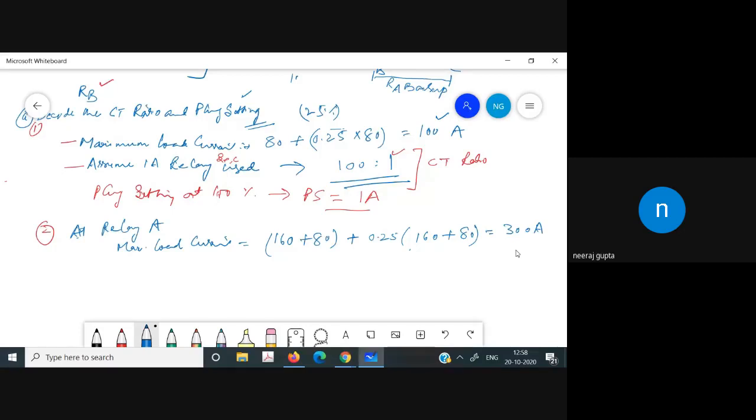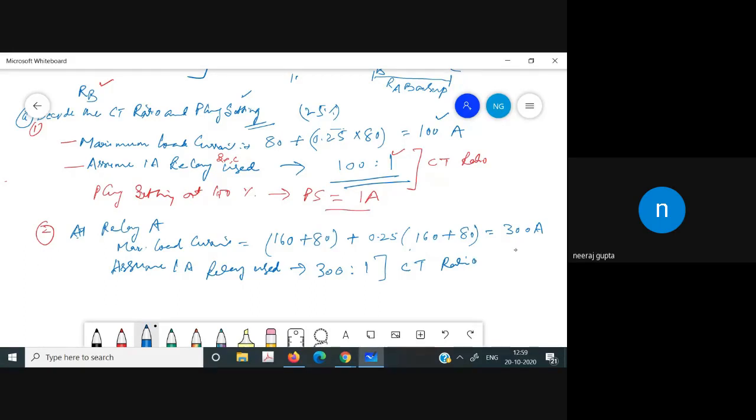So the CT ratio in this case would be 300 is to 1.